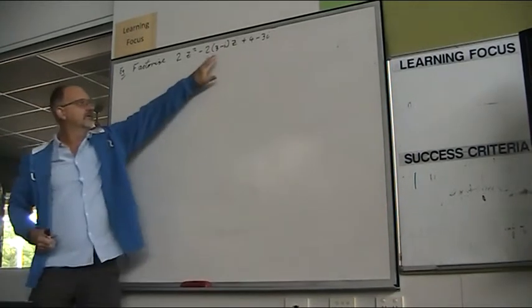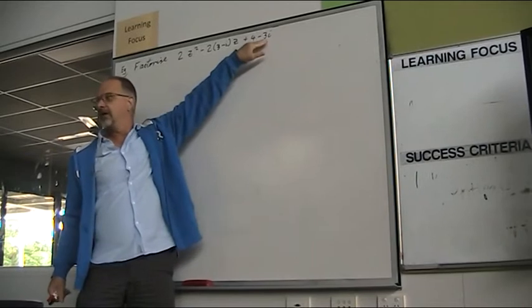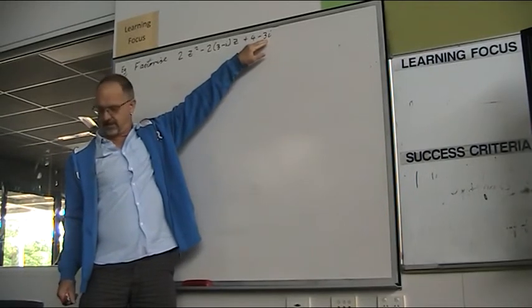So here we've got the coefficient of z that's a complex number, and we've also got a constant on the end that's a complex number.